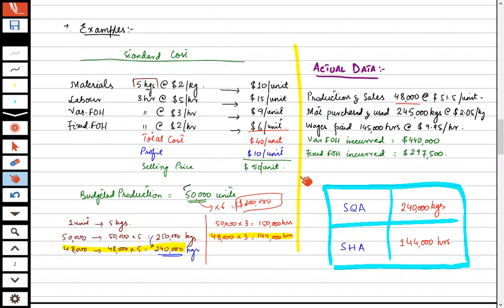This will take time, but obviously it will strengthen your concepts, your formulas and your working. If this is the master question and you grasp it, then all other questions pertaining to variance analysis will be easy. For the sales variances and the profit reconciliation, I will share the lecture later.